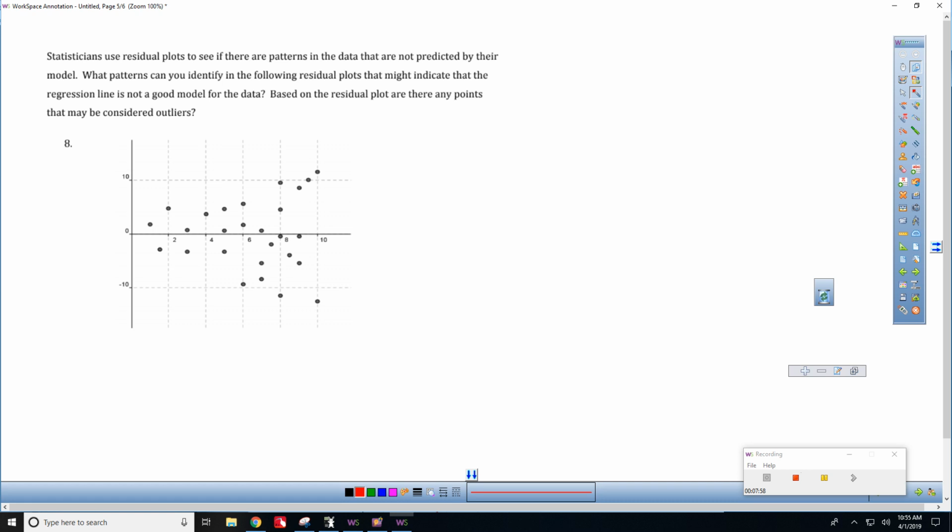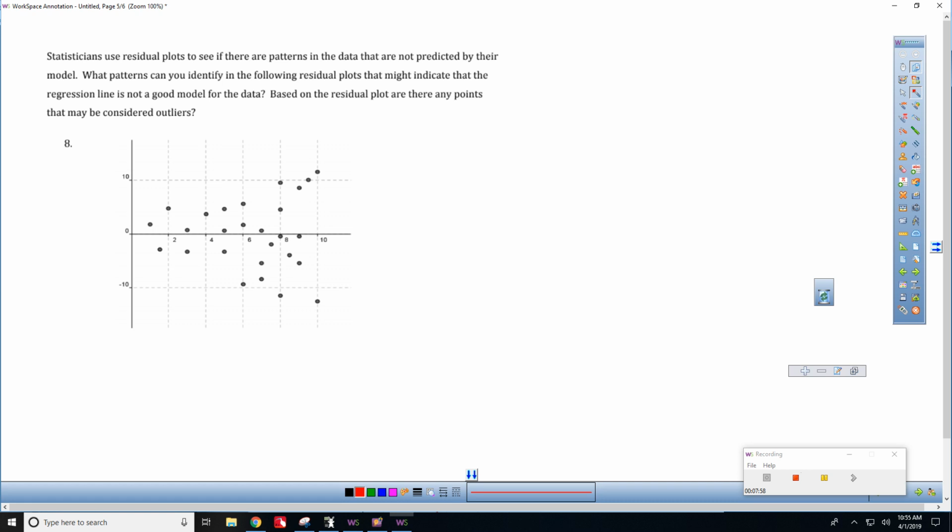So, here's what I like about this data. To me, it looks like there's about as many points above the residual line, positive residuals, as there are negative residuals. Okay? So I think this is probably a good line of best fit, or a good regression line.